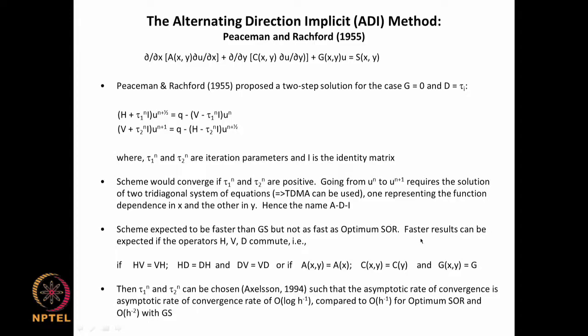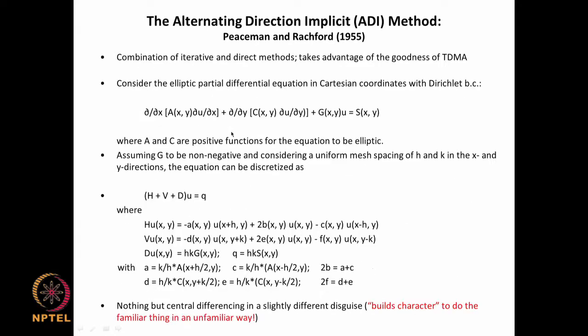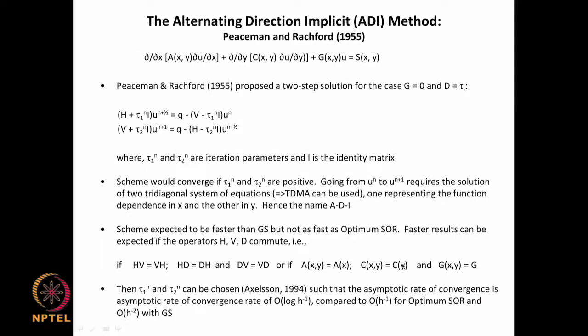Okay. So in the specific case where the operators H, V and D commute, so that is HV equal to VH, HD equal to DH and DV equal to VD, which also essentially means that if a of x, y is just a function of x, and c of x, y, which is coming in the y derivative term here, is only a function of y, and g of x, y, which is coming here, is not a function of x and y.